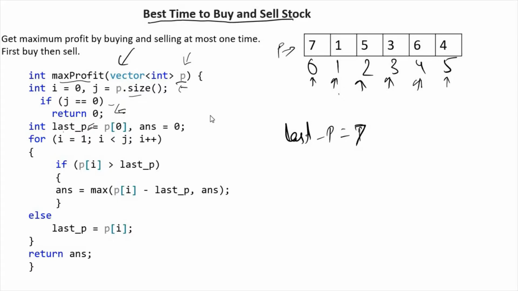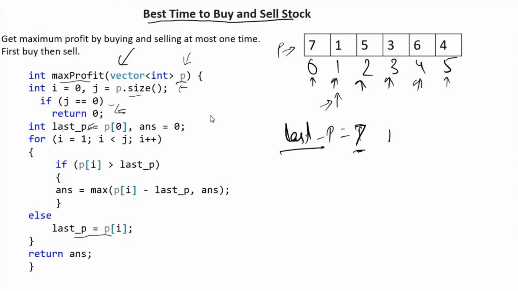After initializing the last day's price as 7, we start from the next of 0, which is 1. It is smaller than the last day's price 7, so in this case we will replace the last day's price with the current day's price, Pi.